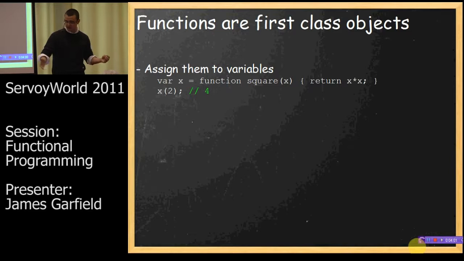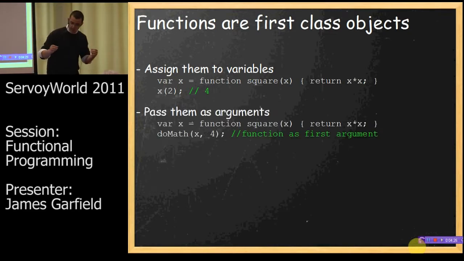So right now, x and the function square, they point to the same thing. Yes, because that is how you call a function, is you put the parentheses on the end.